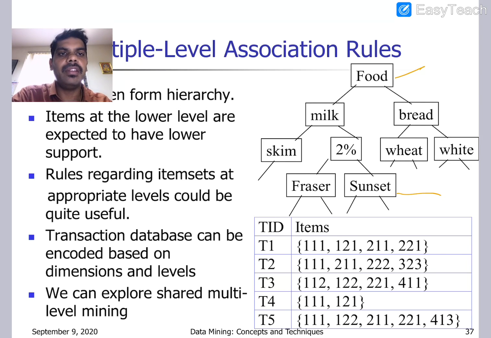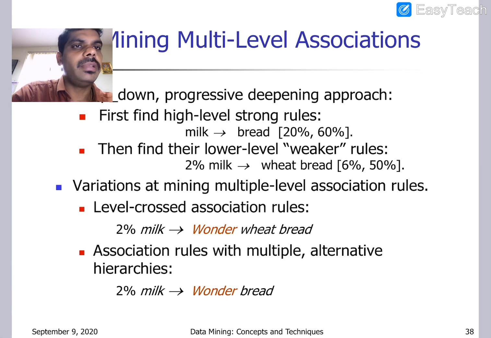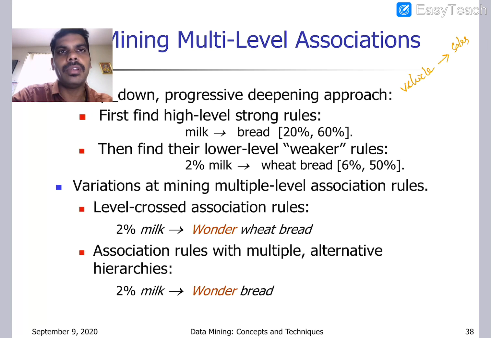Whenever we deal with mining association rules, how do things change? For higher levels, what is the support? Suppose I have proposed a rule like vehicle implies sales. I am just giving the information: vehicle and sales.